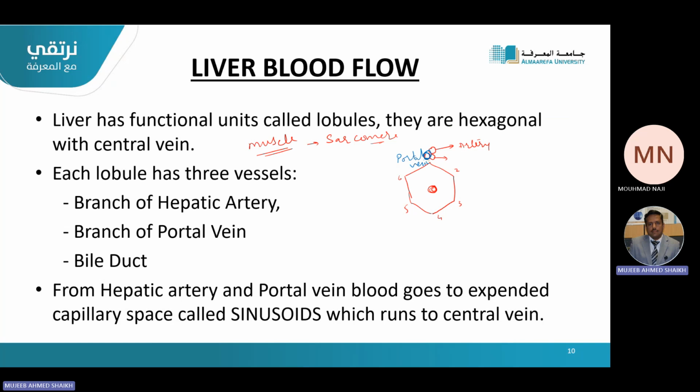Bile duct. Hepatic artery, portal vein, and bile duct. All these 3 together are known as the portal triad.